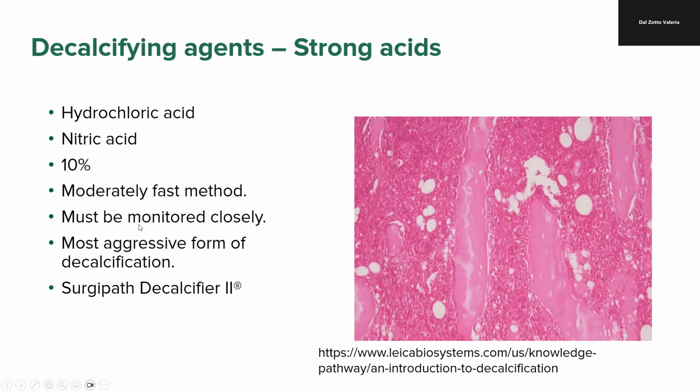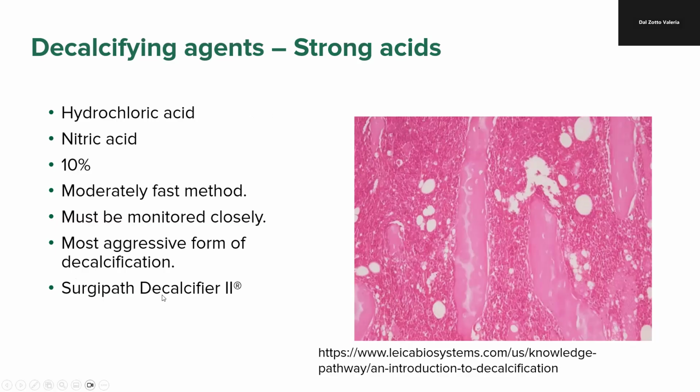So the piece of bone has to be monitored closely, every 2 hours or every hour, to make sure that we are not over-macerating the specimen. It is the most aggressive form of decalcification, and in our lab this solution is called Surgipath Decalcifier 2.